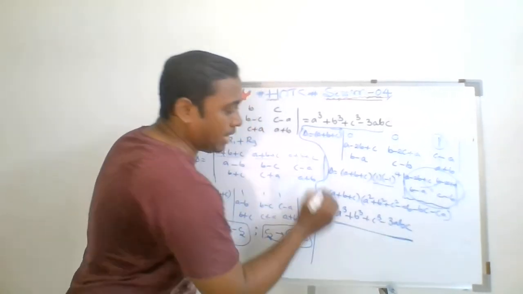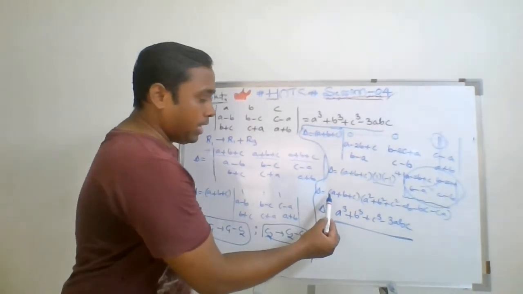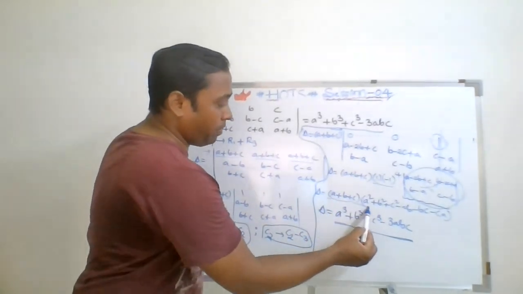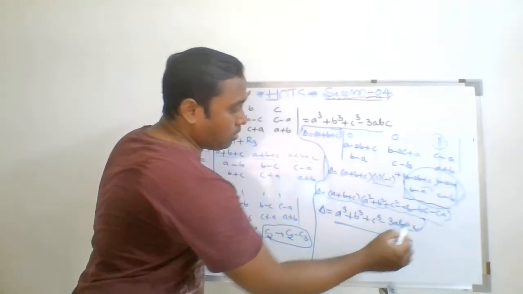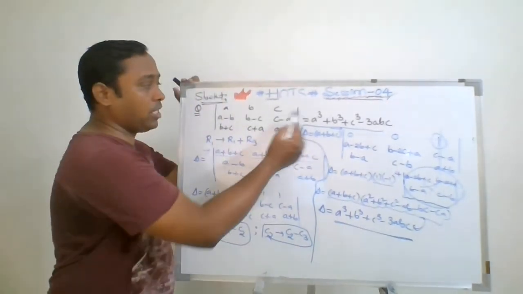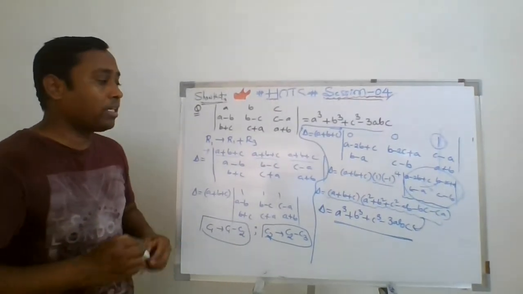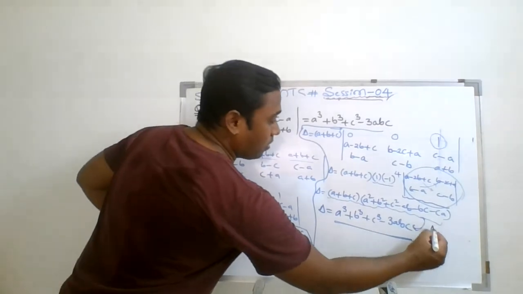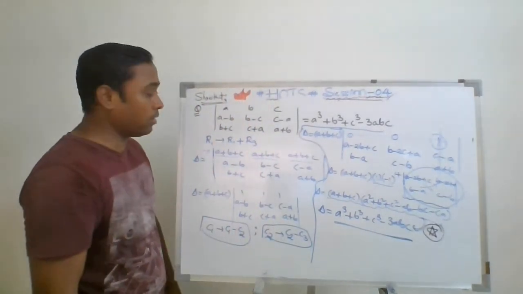So this is identity based, right? Once you simplify the determinant, it reduces to the shortest form, which is the required answer. This is the clue point of this question, a question based on the identity.